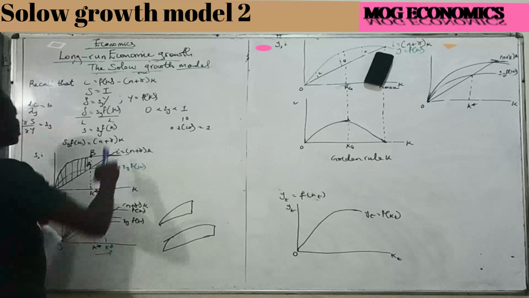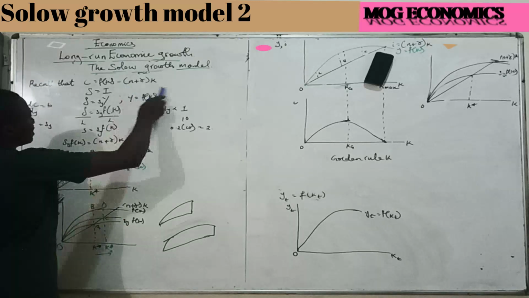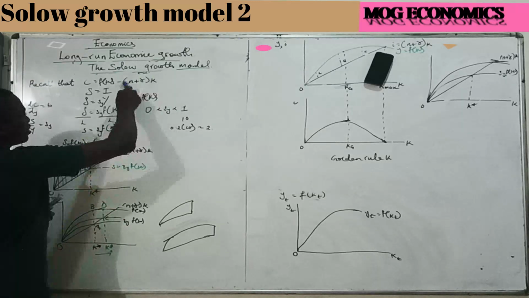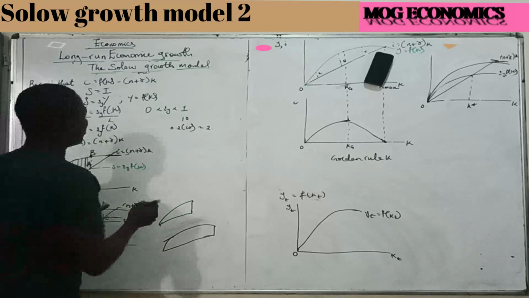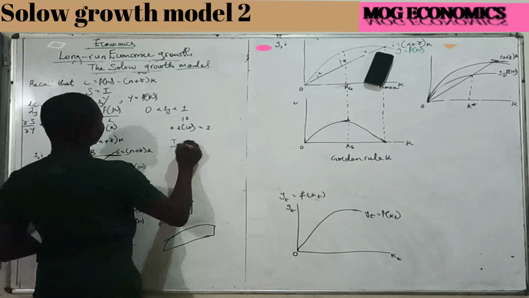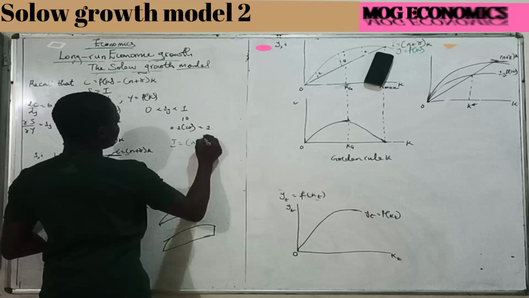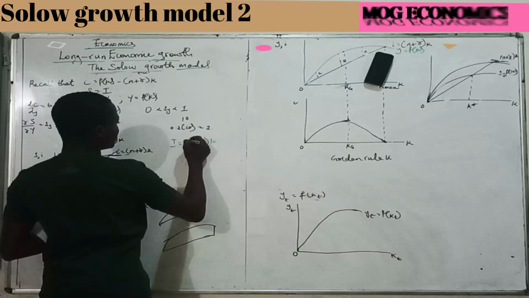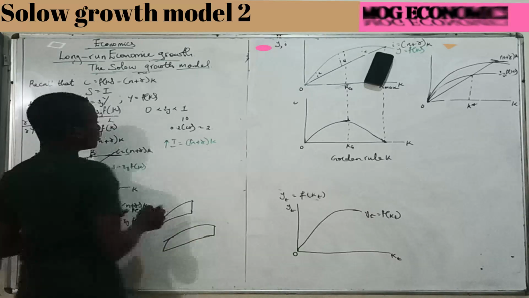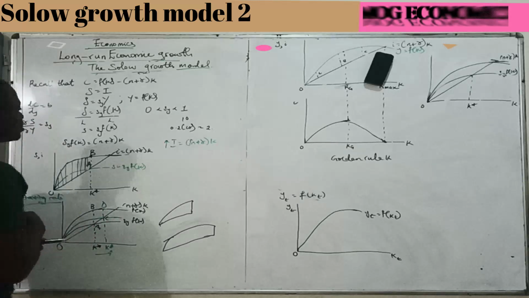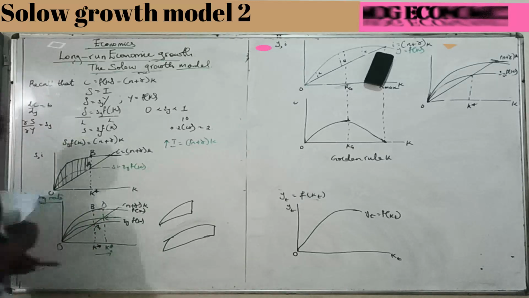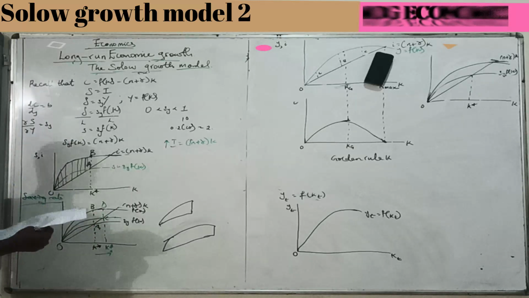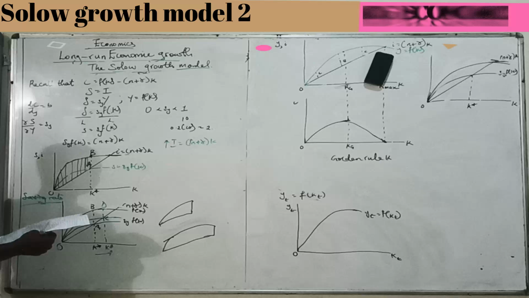So if there's an increase in population growth rate, it simply means that n plus d k would increase. That's our investments, n plus d k. So an increase in population growth rate increases investments.